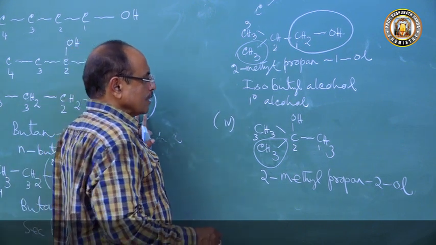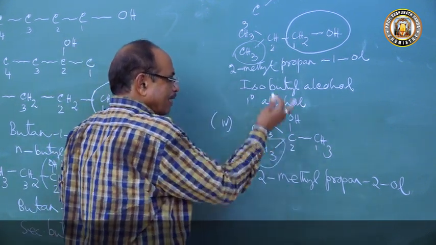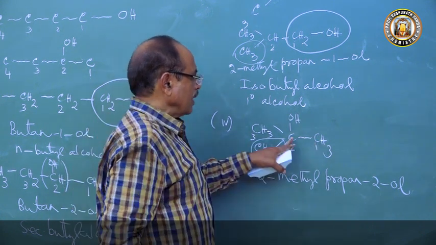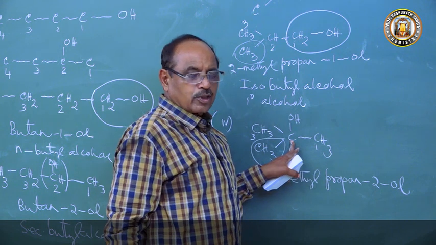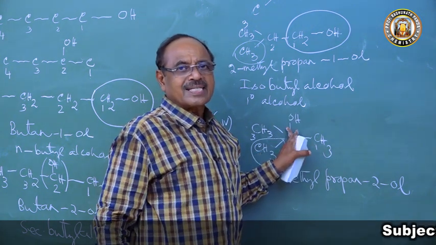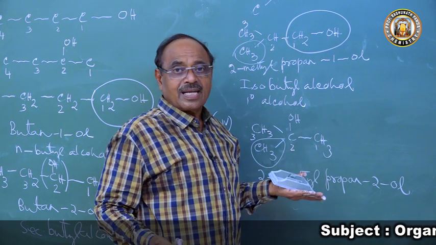What type of alcohol is this? When the carbon atom is bonded to 3 alkyl groups, it is called a tertiary carbon atom, and the OH group is bonded to that. Hence it is a tertiary alcohol.